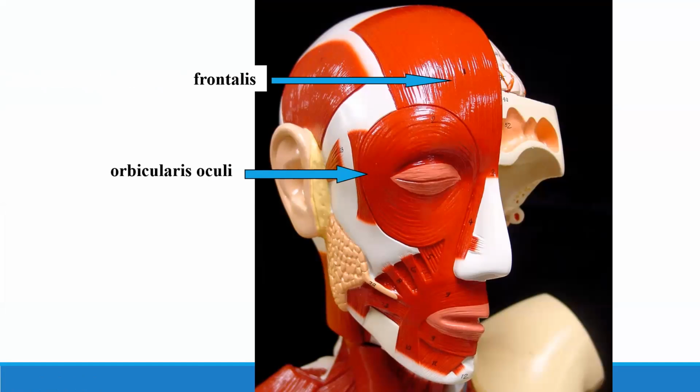We have the orbicularis oculi, the circular muscle, orbicularis oculi surrounding the eyeball, very thin, flat muscle. The orbicularis oris down here around the mouth.